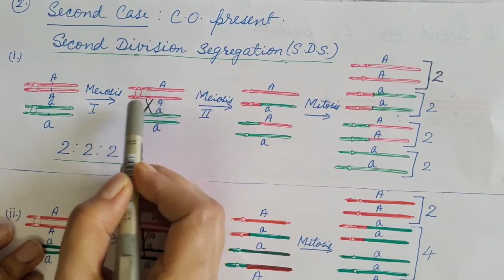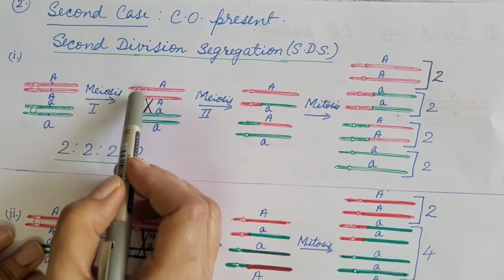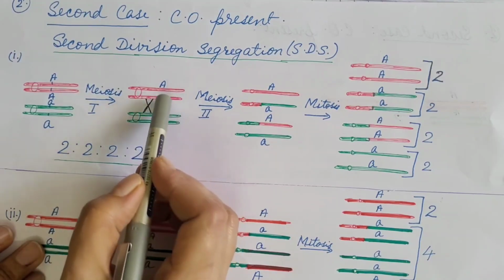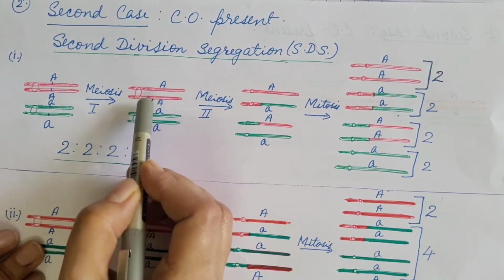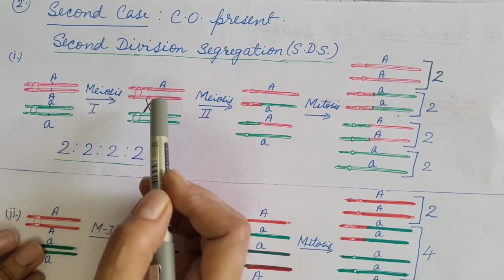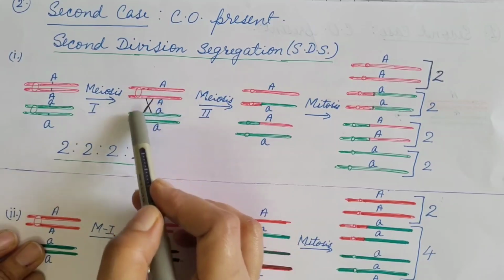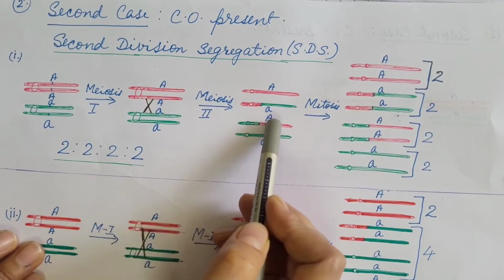This is the gene and this is the centromere. So this gene capital A is separated from its centromere only when crossover occurs in the region between this gene and the centromere. So here crossover is taking place in this region, so this gene A is separated from its centromere.